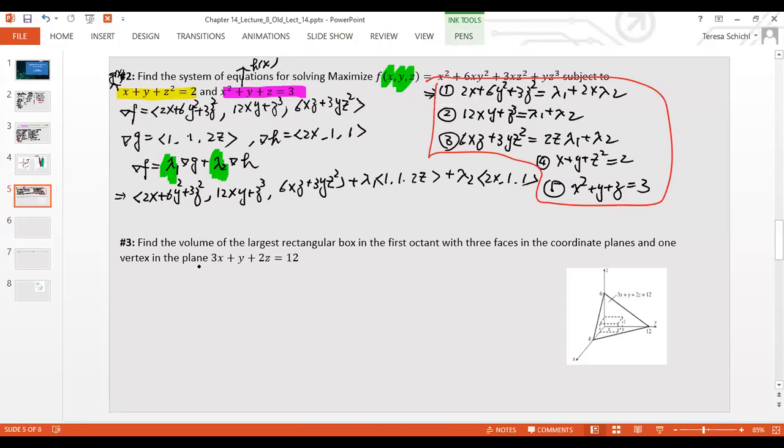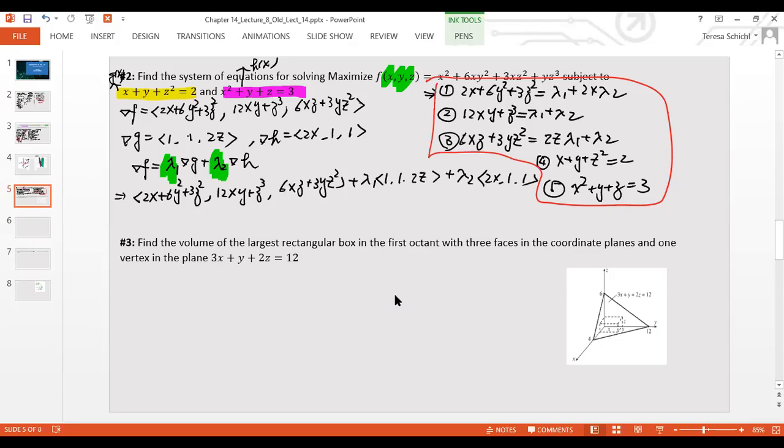Okay, so problem number 3. Find the volume of the largest rectangular box in the first octant with 3 faces in the coordinate planes and 1 vertex in the plane 3x plus y plus 2z equal to 12.